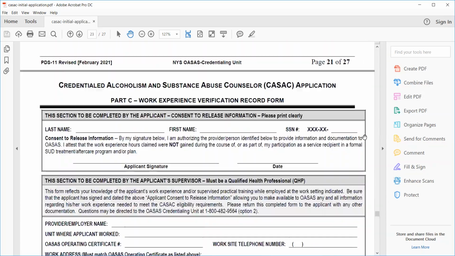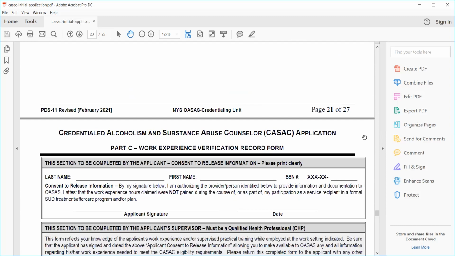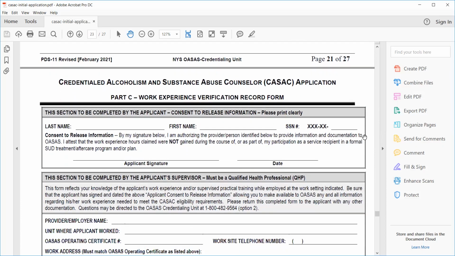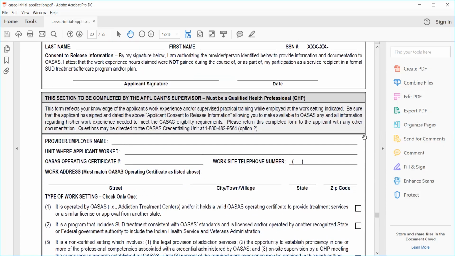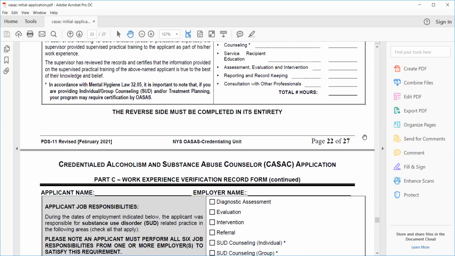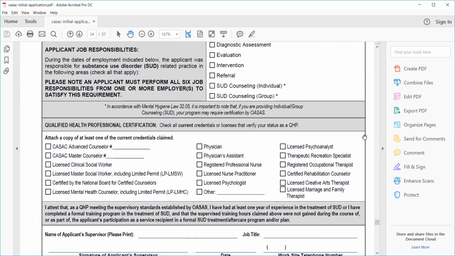If I was you, as I said at the beginning, I would only print out the pages of this application that you need to fill out, save your printer ink. But you definitely want to have this printed out, pages 22 and 23.